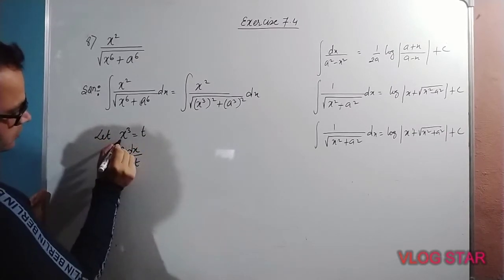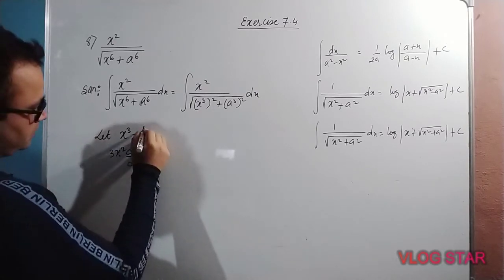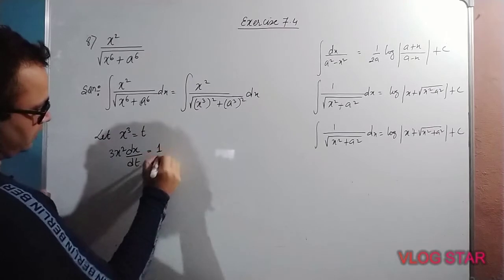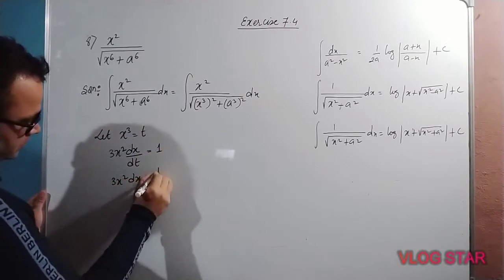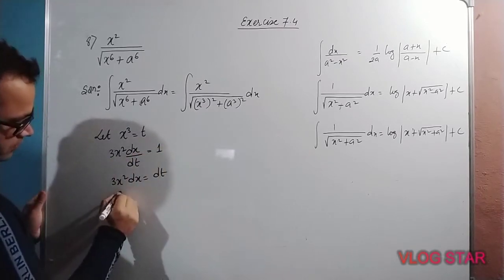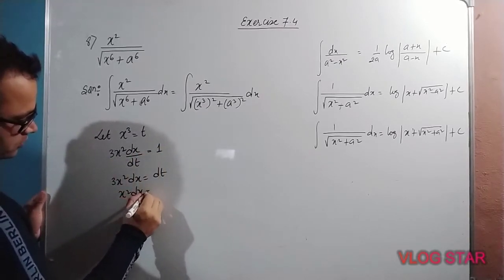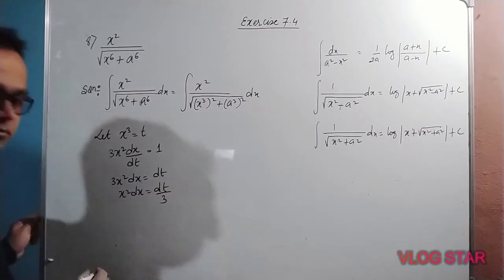Now again we have to differentiate x with respect to t. The differentiation of t with respect to t is 1, so 3x square dx equals dt. So x square dx equals dt by 3.